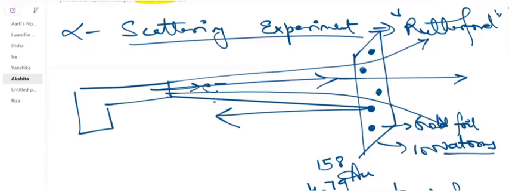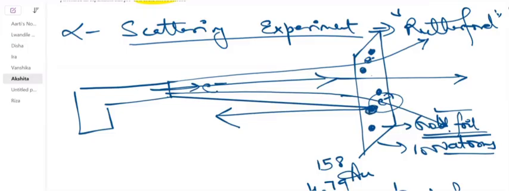So the three observations he made: some space is empty, somewhere electrons are there that are colliding, and because it is positive in nature, it is interacting with the negative particles and getting deviated from the track.